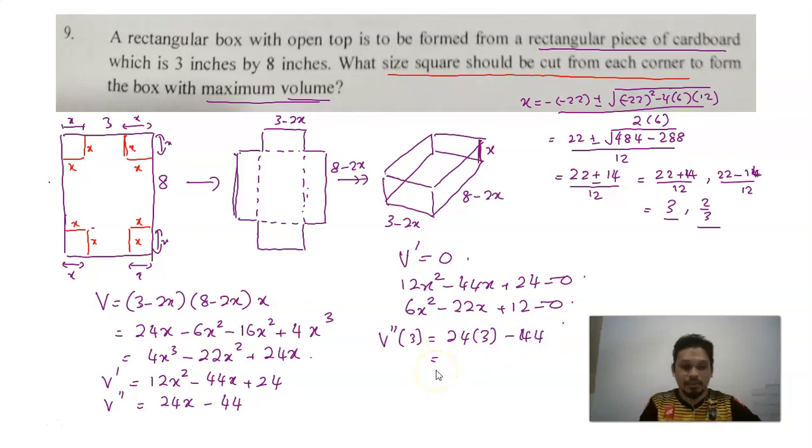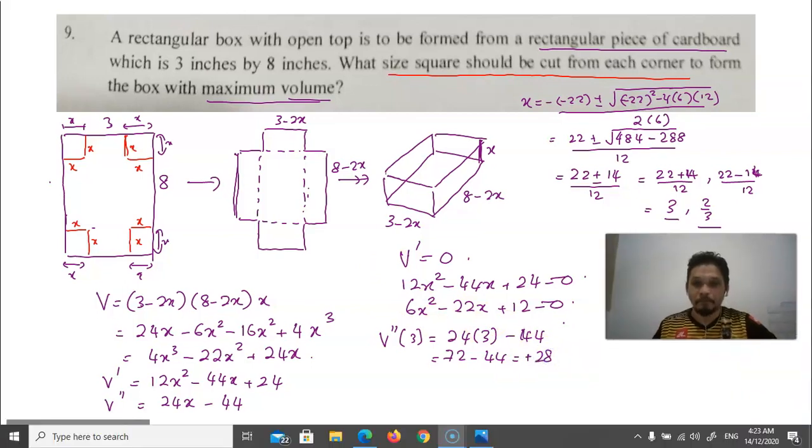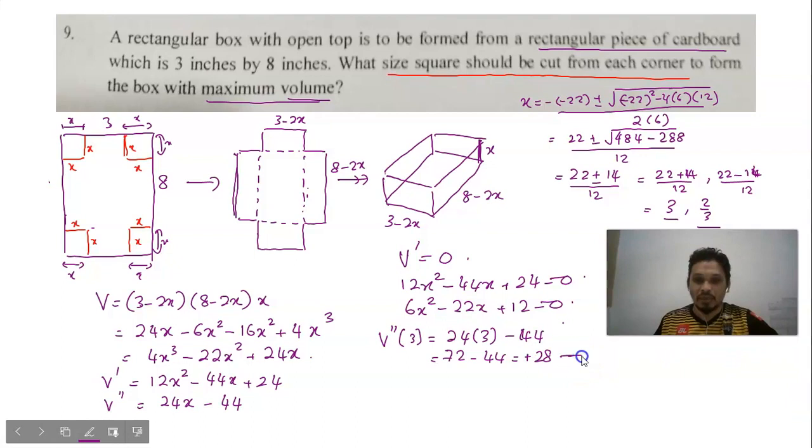Okay, so 24 times 3, 72. 72 minus 44, 28. 28, which is positive. Okay, so we come up with the conclusion that it is a relative minimum.